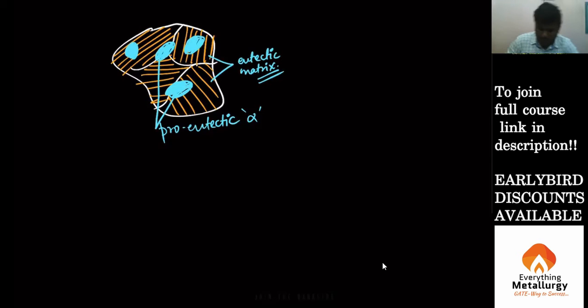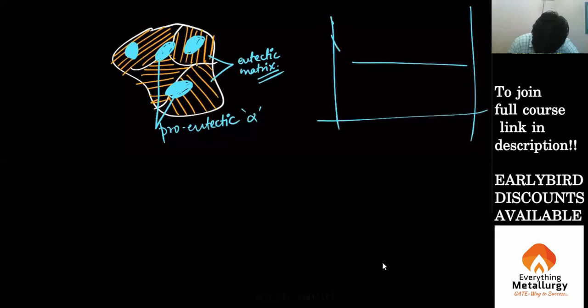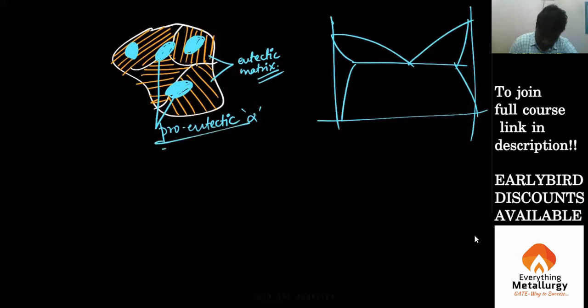Now this is how you can easily identify it in the structure. Now again, how to calculate this? So I'm just drawing the same image here. Now what I wanted to see is how much is my pro-eutectic alpha. So if you see here, when will my eutectic reaction take place and when will my pro-eutectic take place?